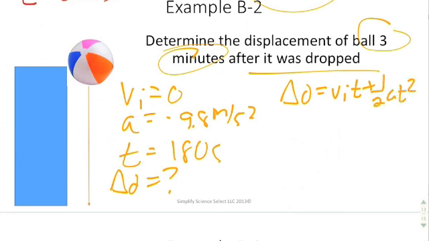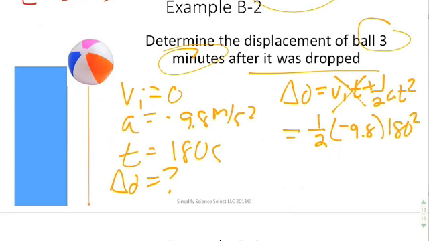Now, like we said, most of your problems are going to be either horizontal or it's going to be this situation where this VIT term cancels out. So we get delta D is going to equal 1/2 times negative 9.8 times 180 squared.